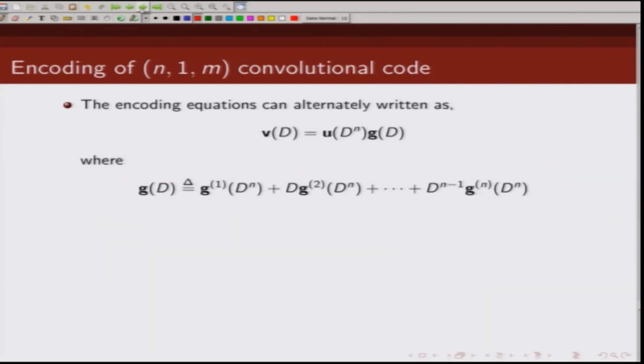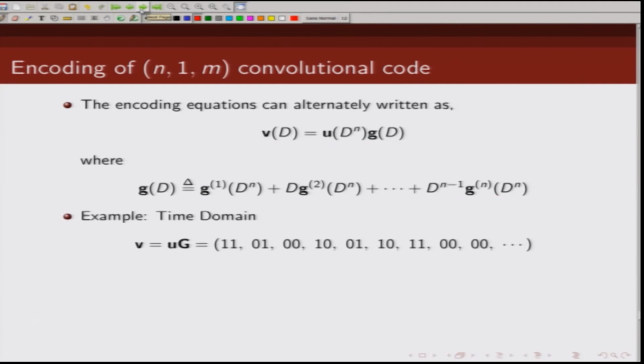Following this, we can also write our encoding sequence in this particular form, where the output sequence is given by u(d^n) times g(d), where g(d) is the generator sequence for the first coded sequence, the generator sequence for the second delayed by 1, the generator sequence for the third delayed by 2, and the generator sequence for the n-th delayed by d^n. So, the overall encoding sequence can be equivalently written like this.